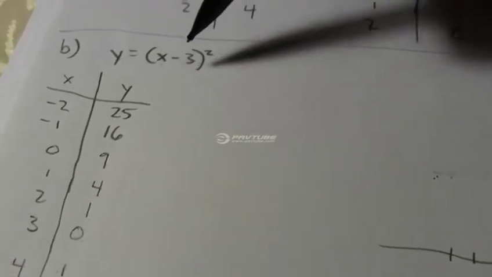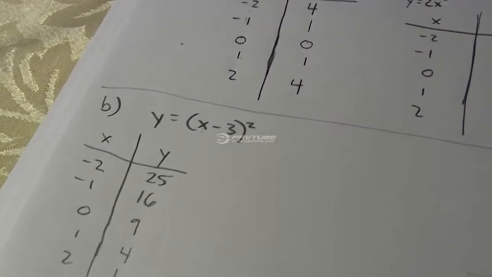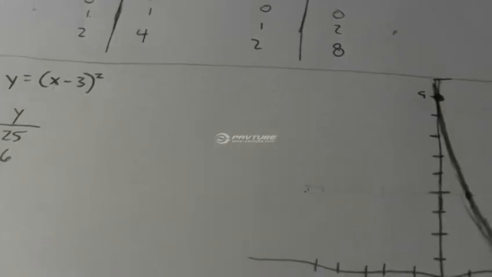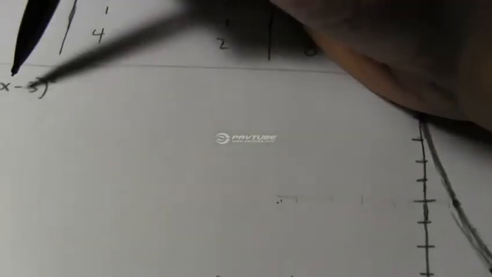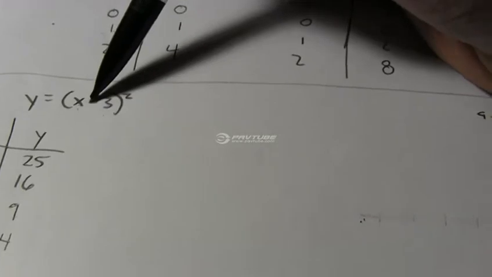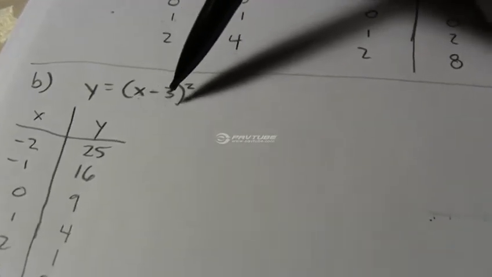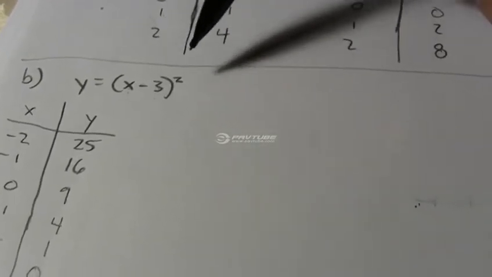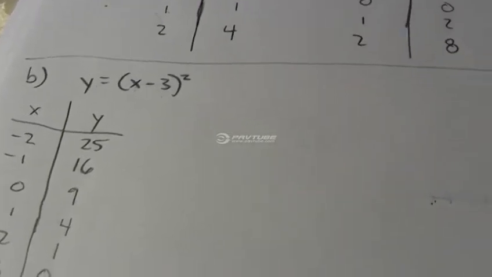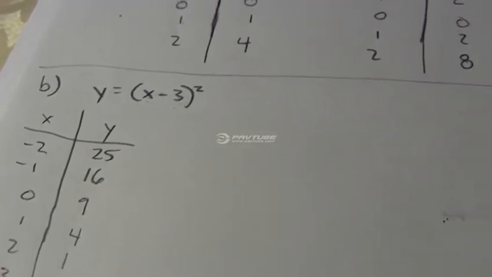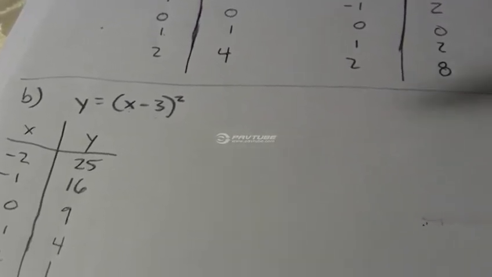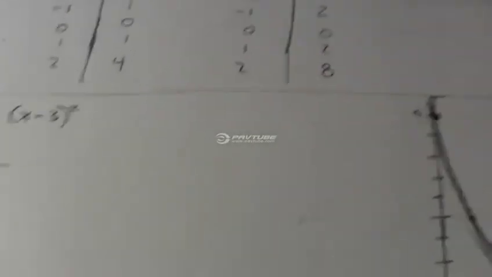X minus 3. So when we're talking about roots, one of these would equal 0. So this is equal to 0 at 3, right? 3 minus 3 is 0. 0 squared is 0. That's when you get your y is equal to 0. So that's where our vertex is, because all we did was take a regular parabola and move it over by 3.